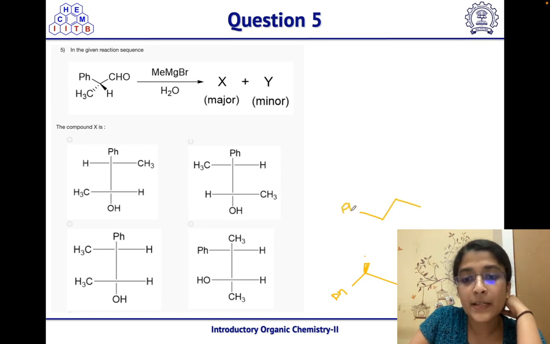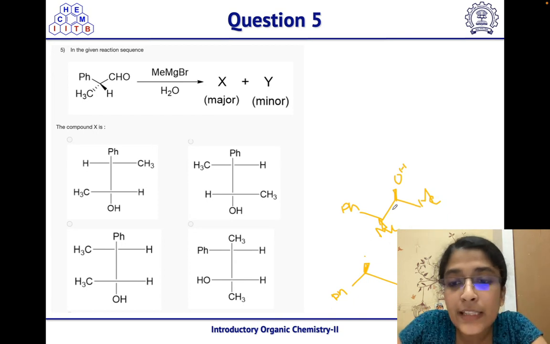This is pH, this is methyl group, this will be hydroxyl group, and this will be methyl group.